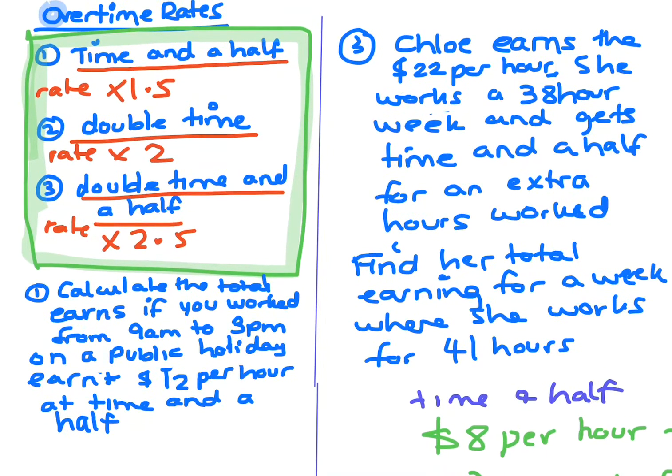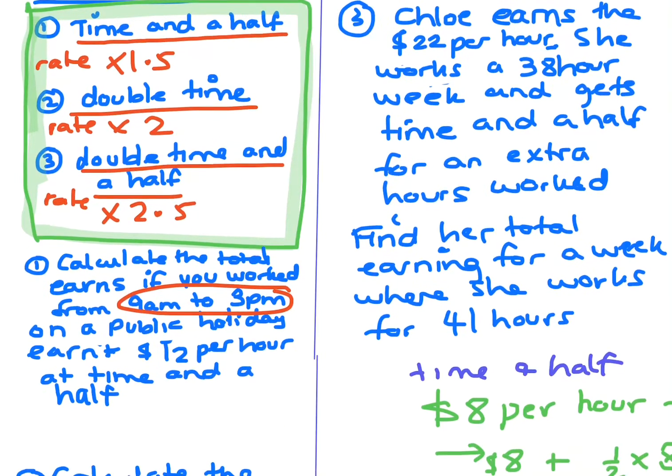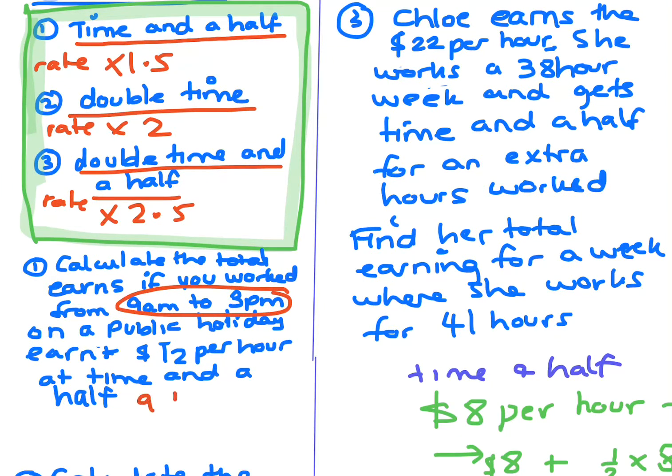Okay, so calculate the total earnings if you work from 9 to 3 on a public holiday, earning $12 per hour at time and a half. How many hours would that be? From 9 to 12 is 3, plus another 3 would be 6.